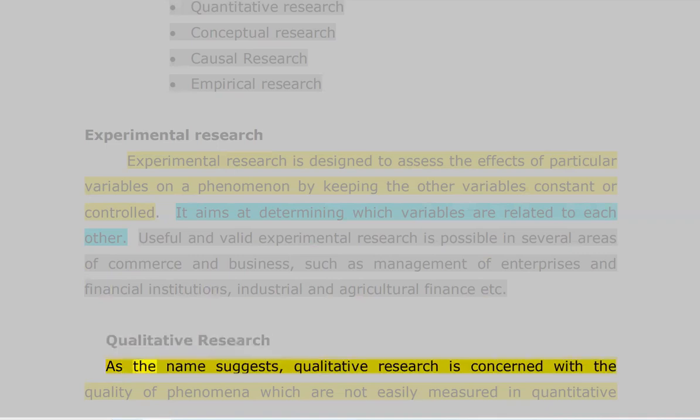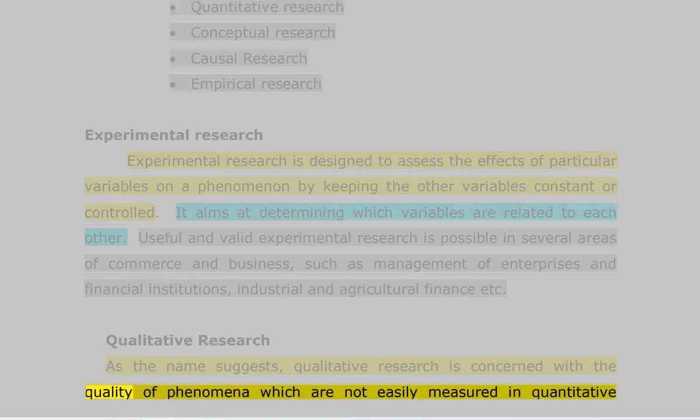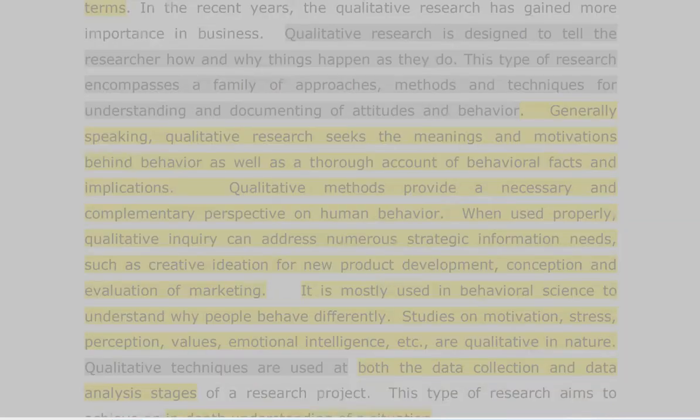Qualitative research. As the name suggests, qualitative research is concerned with the quality of phenomena which are not easily measured in quantitative terms. In recent years, qualitative research has gained more importance in business. Qualitative research is designed to tell the researcher how and why things happen as they do.